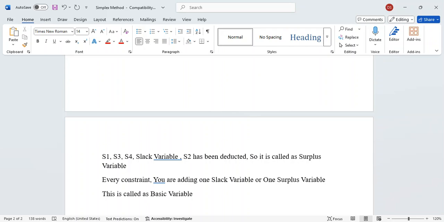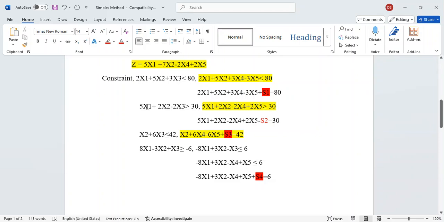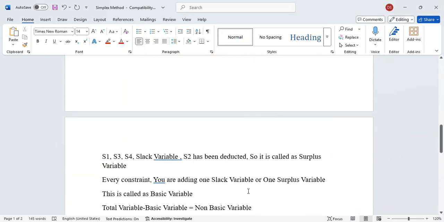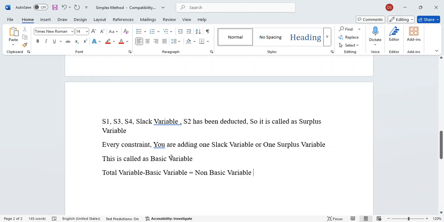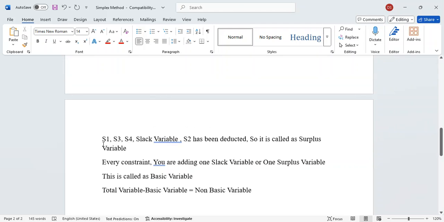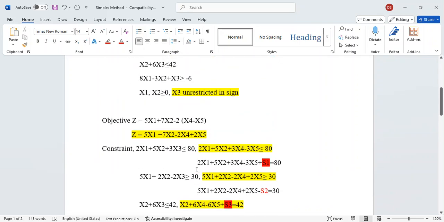Then what are the non-basic ones? Total variables minus basic variables, whatever is left out, is called the non-basic variables. So who are the non-basic variables? X1, X2, X3, whichever variables you find here, these are called non-basic variables. What are the basic variables? X1, X2, S3, S4 are called the basic variables.